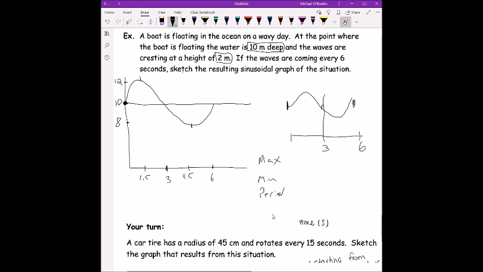Okay. Well, first things first, let's do period. What's my period of this curve? What's my period of the wave going? 6 seconds. Good, because it takes 6 seconds to go through the full wave.